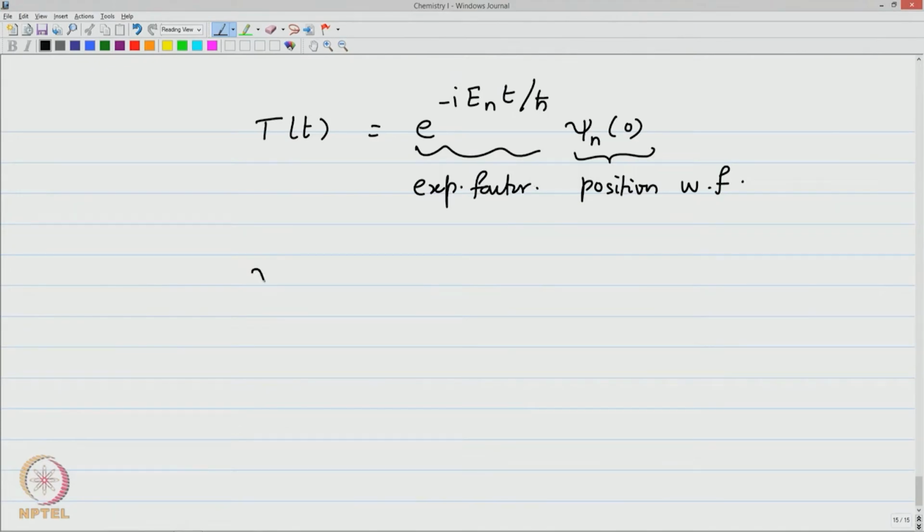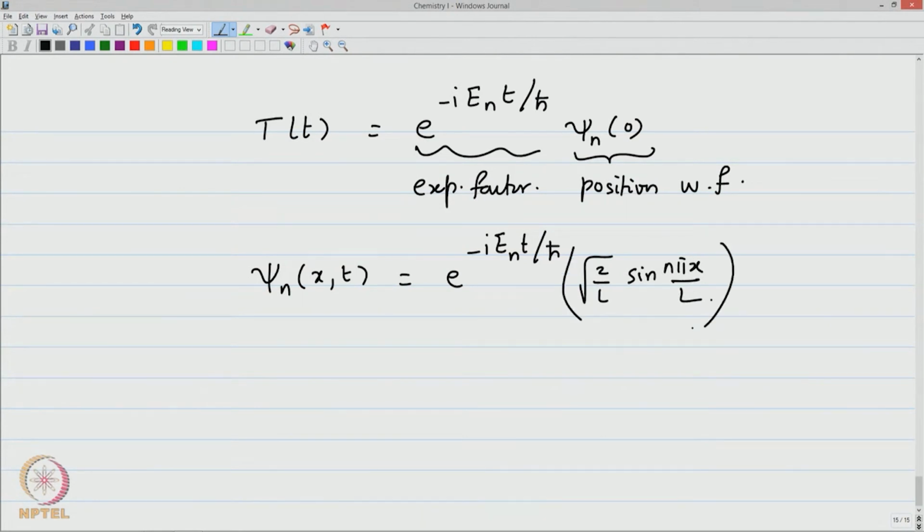So, the wave function psi n of x comma t is e to the minus i E n t by h bar times square root of 2 by L sin n pi x by L. So, this is the psi n of 0. So, the solution should be immediate.